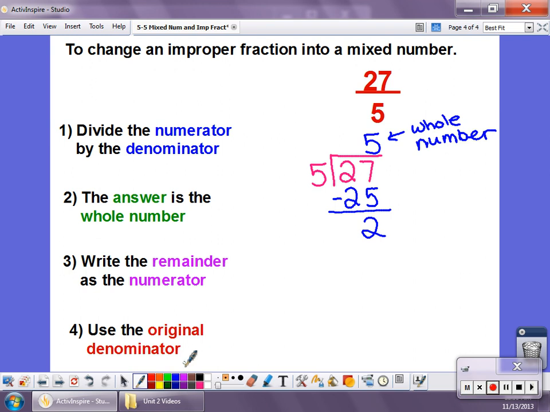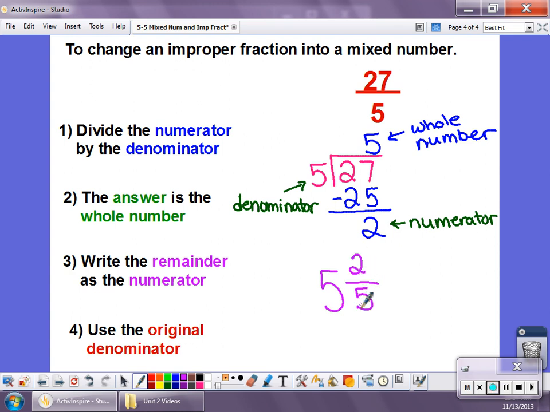Remember, this remainder is how many parts I have left, so that's my new numerator. And then my denominator stays the same. That's how many groups we were dividing into. So my denominator is a 5. So to break this down, my whole number is a 5, my numerator is a 2, and my denominator is still a 5. So 27/5 is the same as 5 and 2/5.